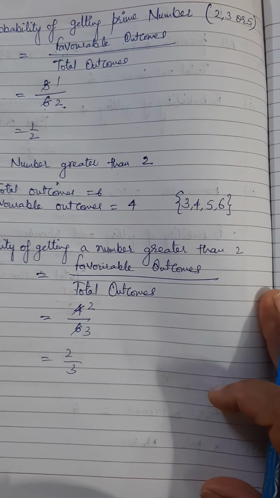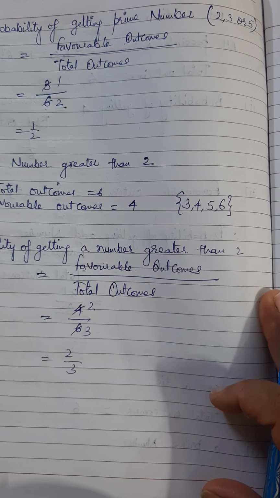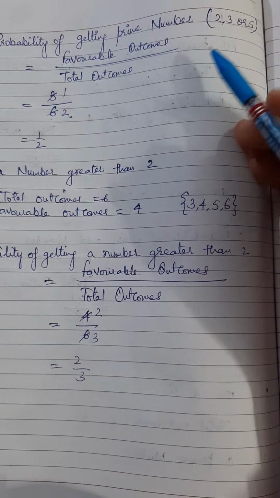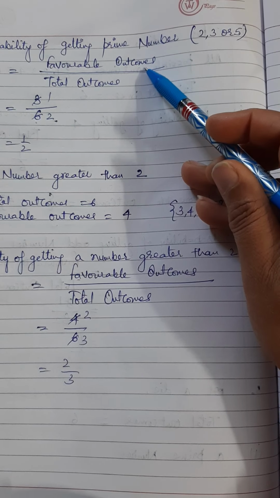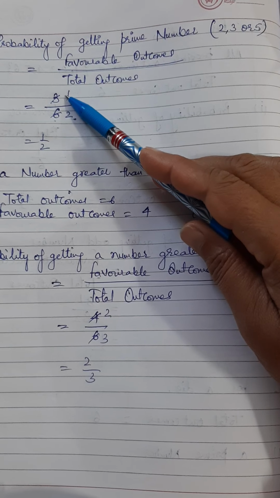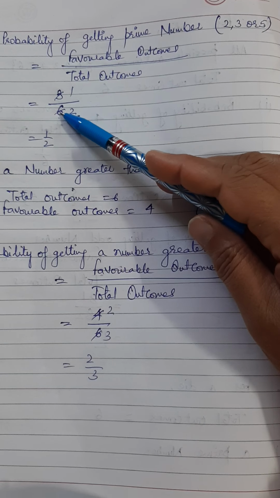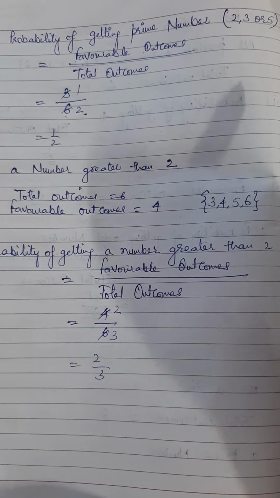So we have 3 prime numbers, 2, 3 and 5. It means 3 favorable outcomes. So here also we write 3 over 6 and we can cut it by 3. So it is 1 upon 2.